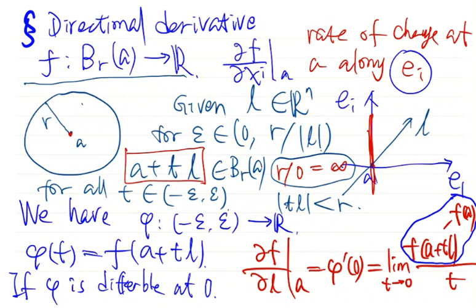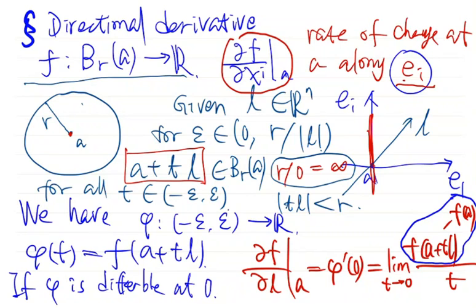Okay, this is a generalization of the previous definition of partial derivative. In the definition of partial derivative, the directions are e_1, e_2, ..., e_n, the standard basis vectors in R^n. But now we can replace e_1, e_2, ..., e_n by an arbitrary vector L. Okay, so this is the definition of directional derivative.